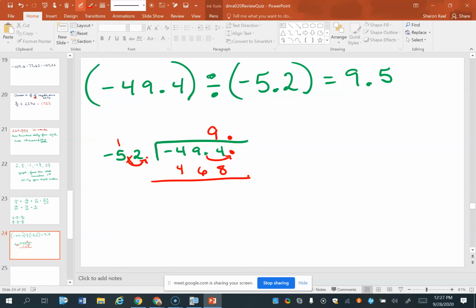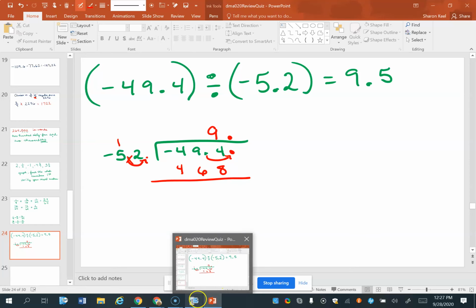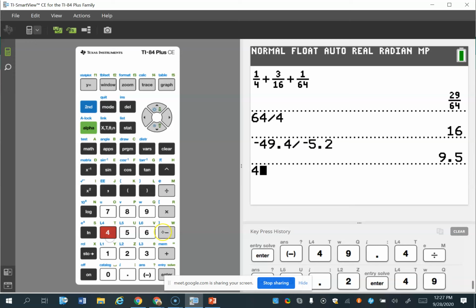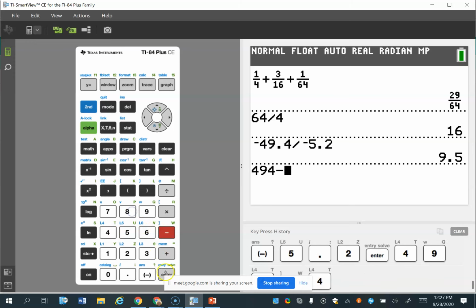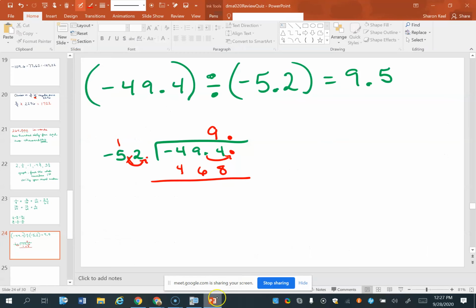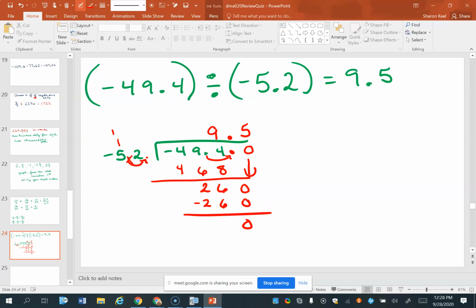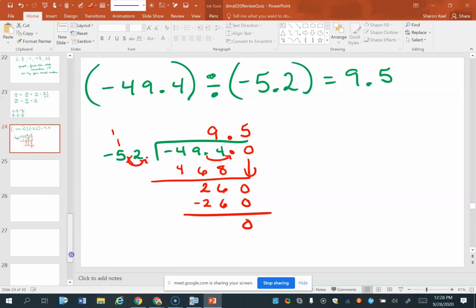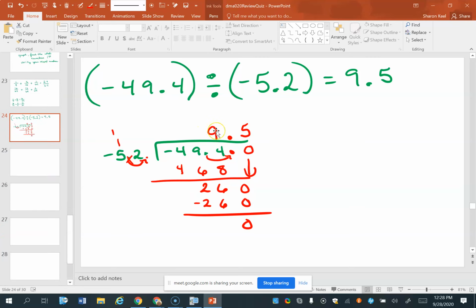Then we subtract. And that leaves us with 20. Up here, we need to add a 0, bring that down. And then 52 into 260 would go 5 times. And 5 times 2 is 10. And 25 and 1 is 26. And then it subtracts out to 0. So you can go either route. And a negative divided by a negative is a positive.